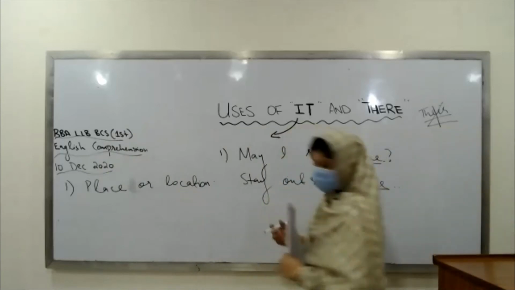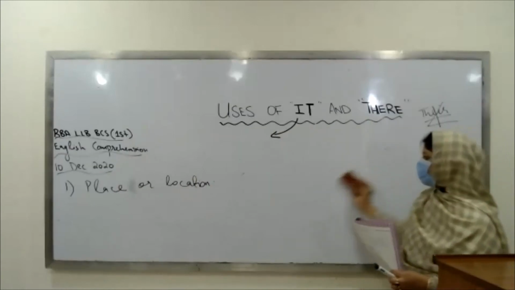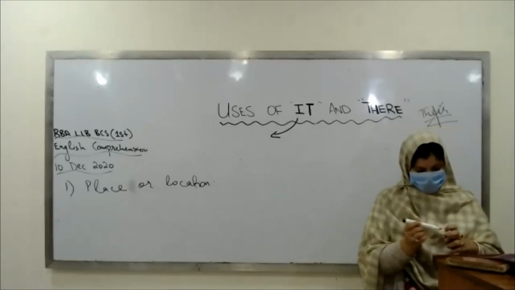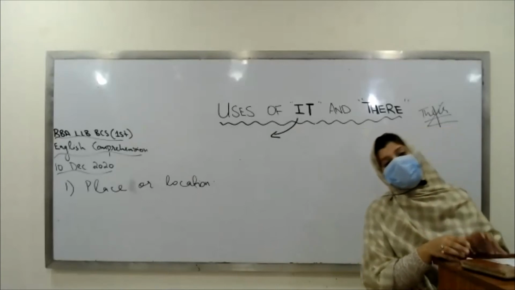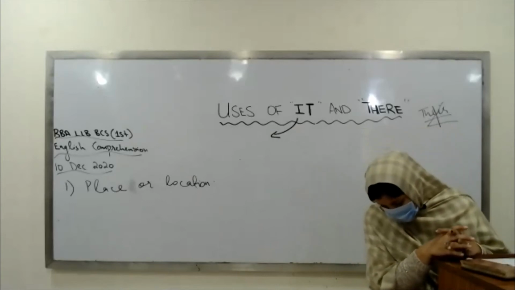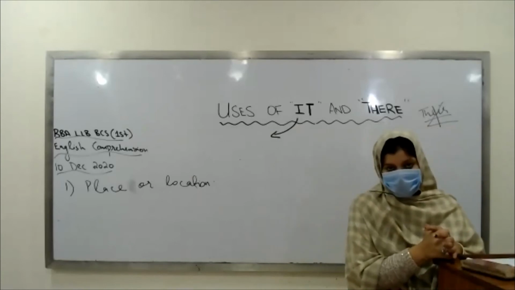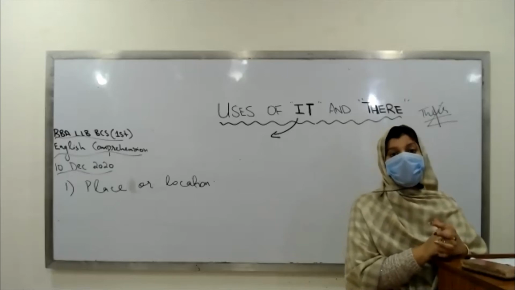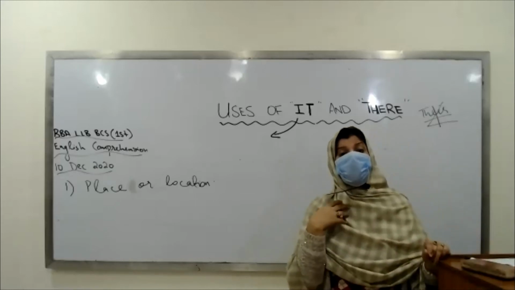Okay, ji. According to the second use, an example of your daily life. Say, for example, you are going to have your physical class, and if any teacher comes from outside and he announces that there is going to be a sports competition next week. Why is there used here? To announce some new idea, some new information.